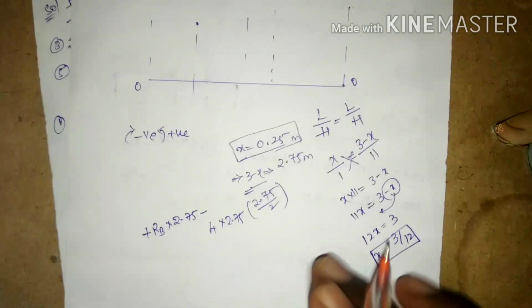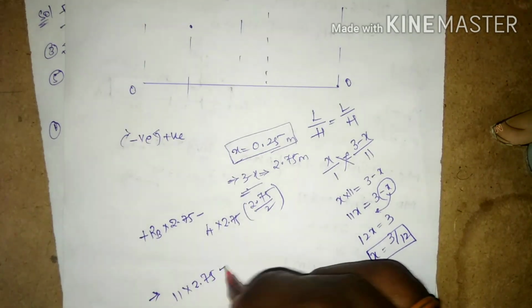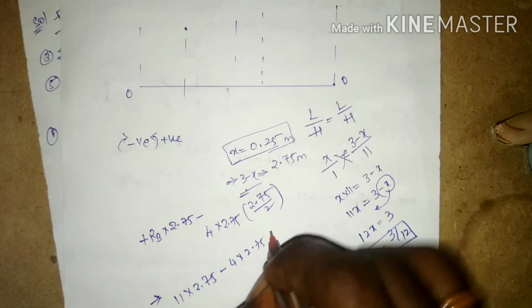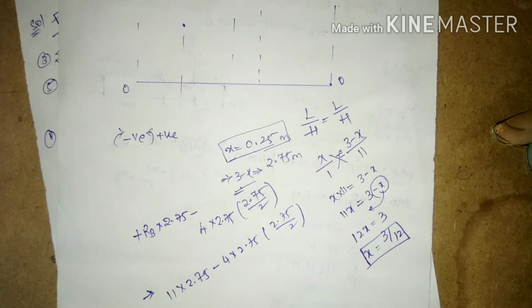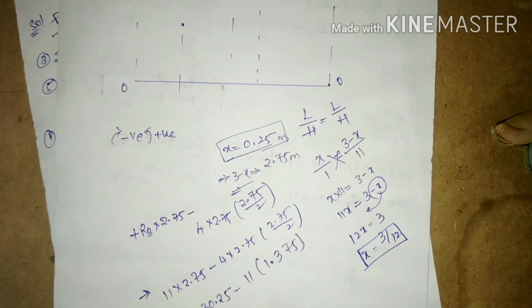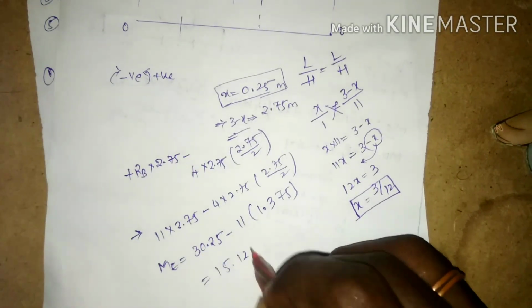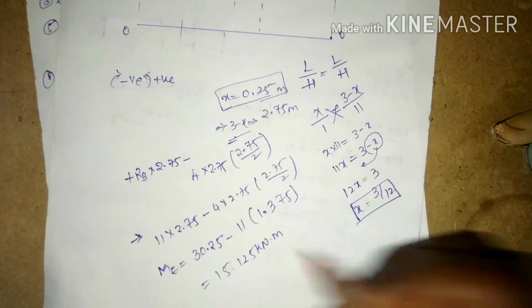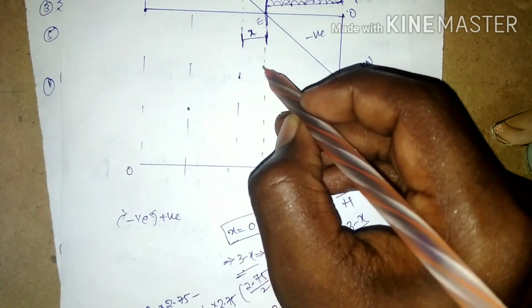After the simplification of this equation, with RB value 11, it is 11 into 2.75 minus 4 into 2.75 into 2.75 by 2. The value of moment about E is equal to, let's have it in a calculator, 15.125 kilonewton meter.